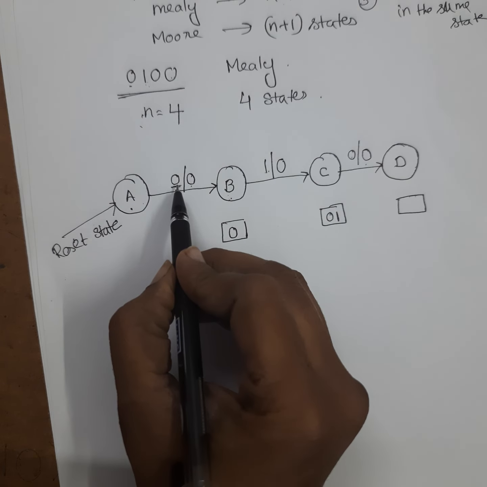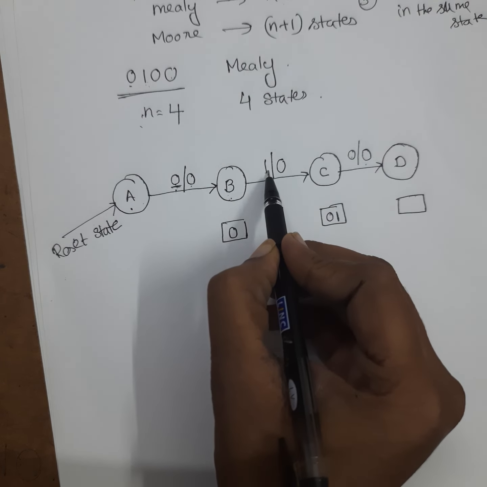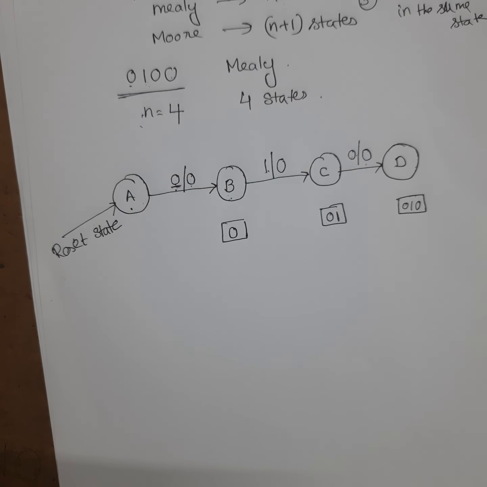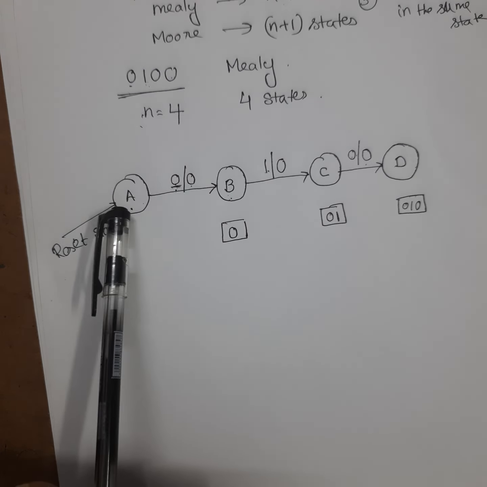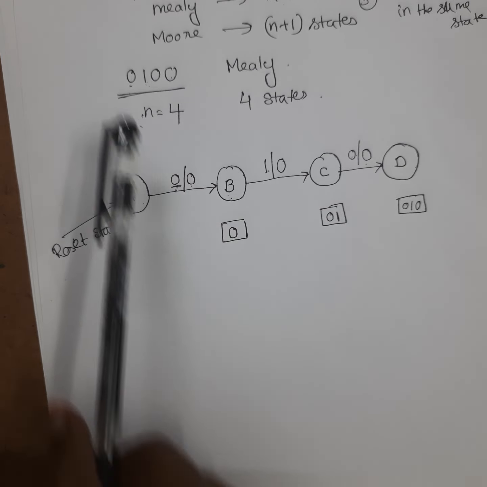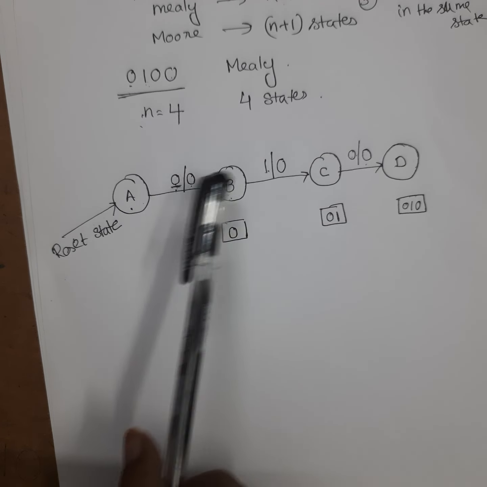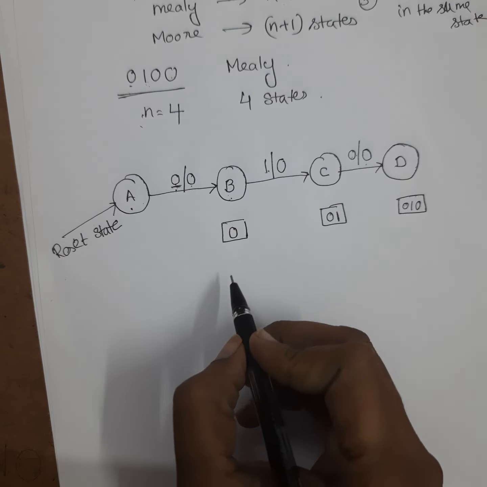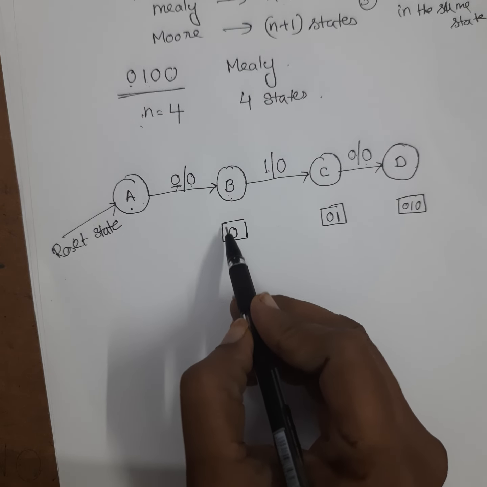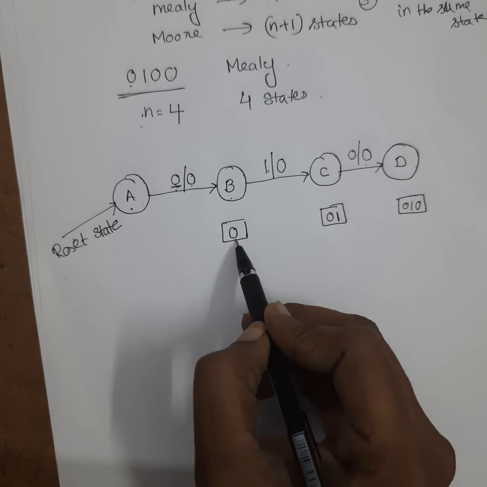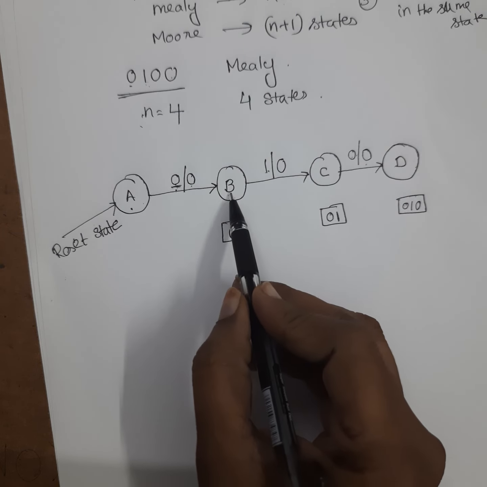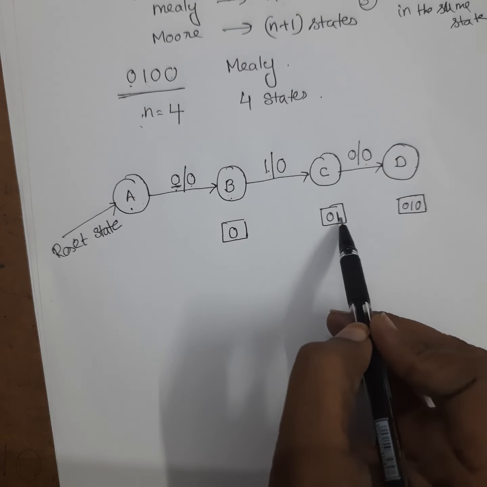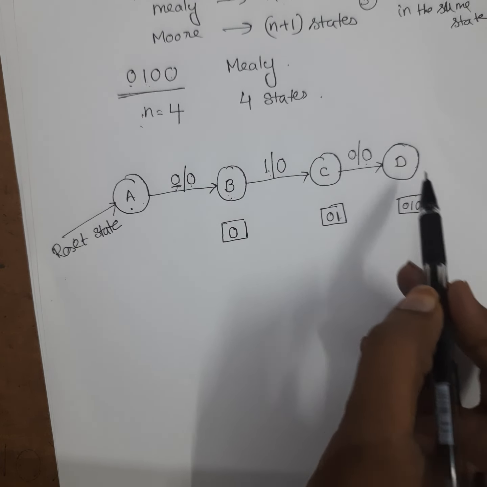For D, 0, 1, 0. So first we draw the states as per the sequence 0, 1, 0, and next we write the bits detected by each state.